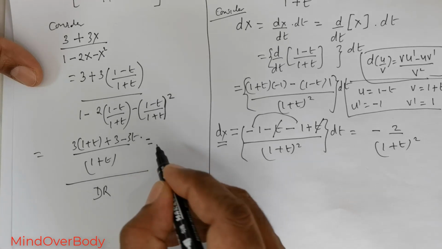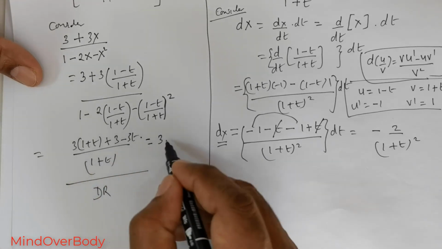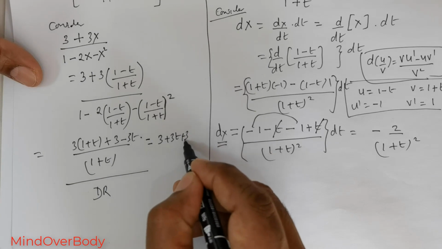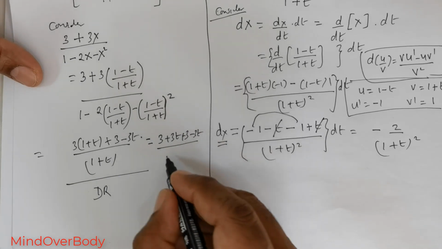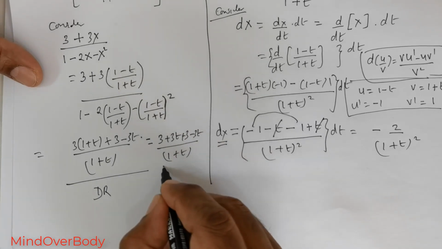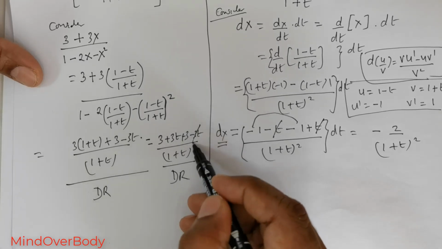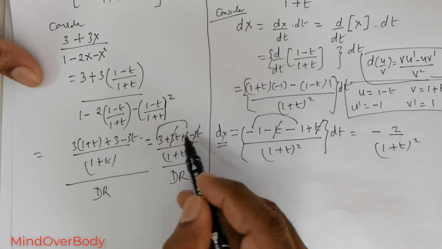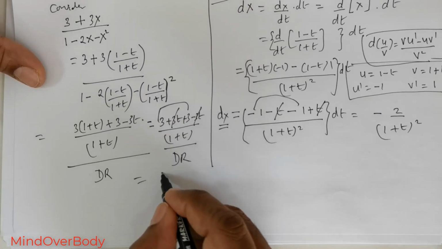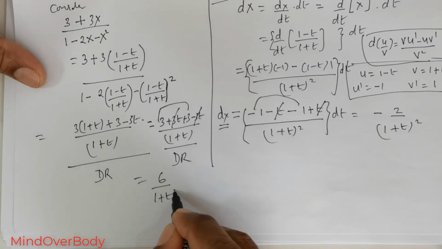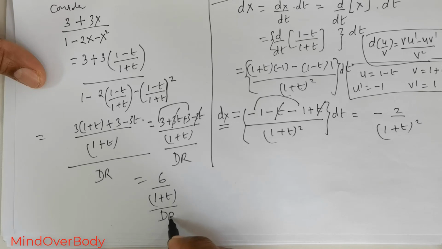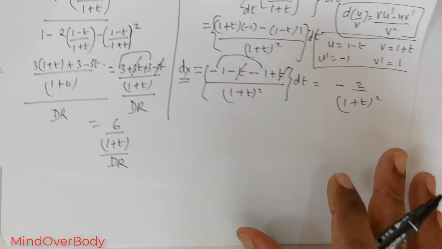The −3t and +3t get cancelled. 3 added to 3 would give me 6 divided by 1 + t, divided by the denominator. Now I'm going to the new page.